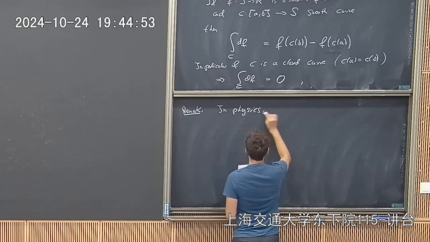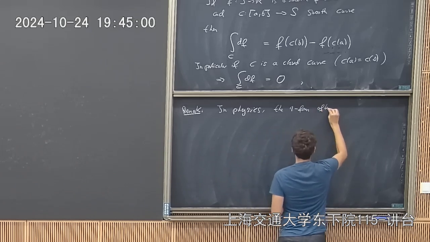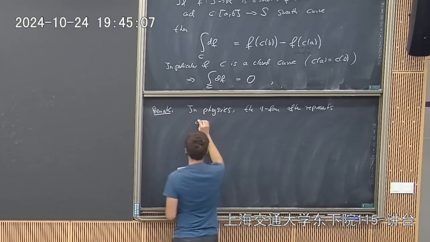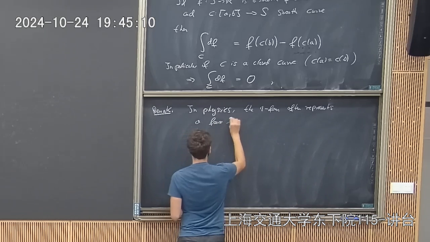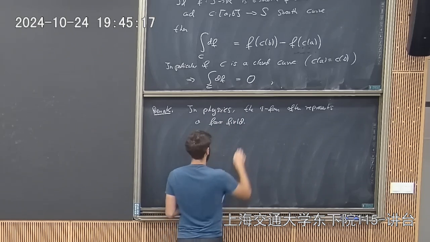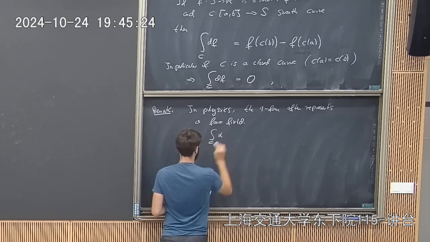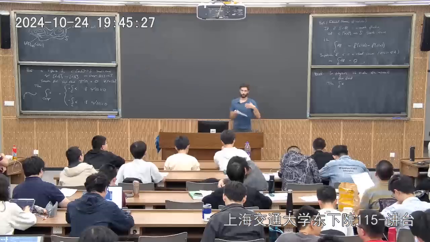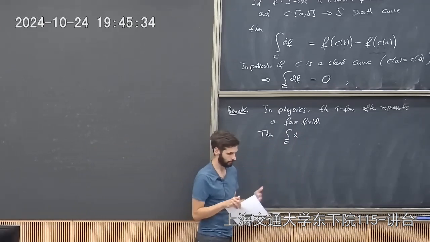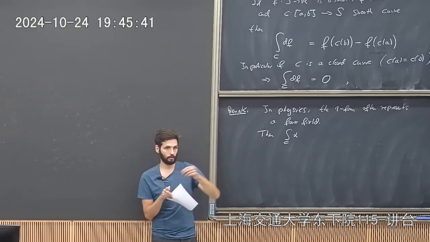So in physics, you think of this alpha as a force, then if you integrate this force along a curve, that means you are like a particle or someone moving in this force field, and you integrate essentially your resistance.